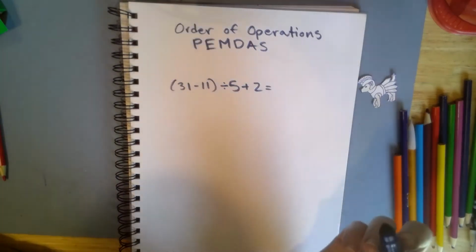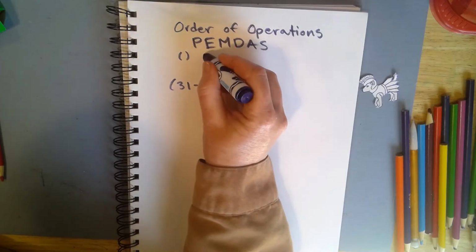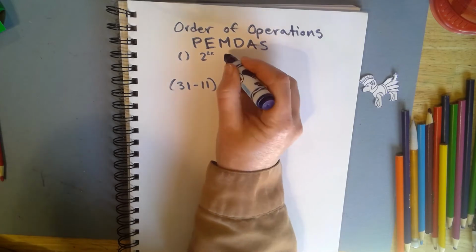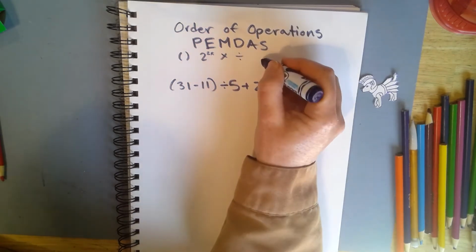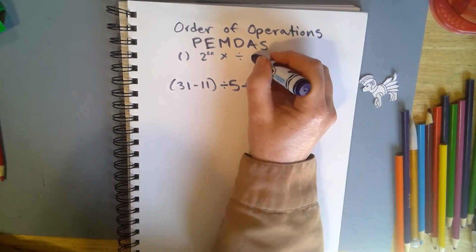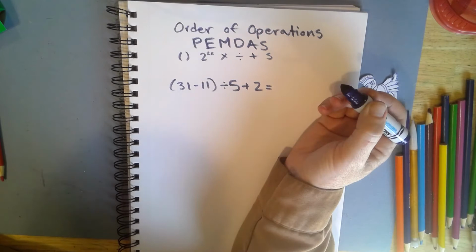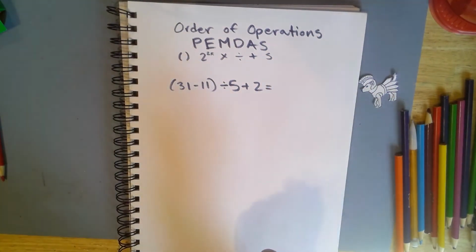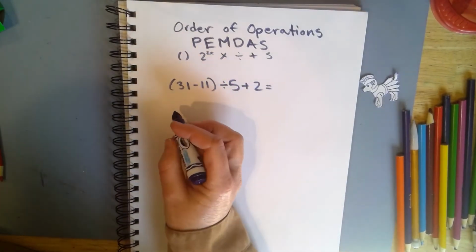Okay, so with PEMDAS, you need to remember that it's parentheses first, then exponents second, multiplication third, division fourth, addition, and then subtraction last. Okay. So if I go in order of PEMDAS to solve this problem, I'm going to go with what's in the parentheses first.